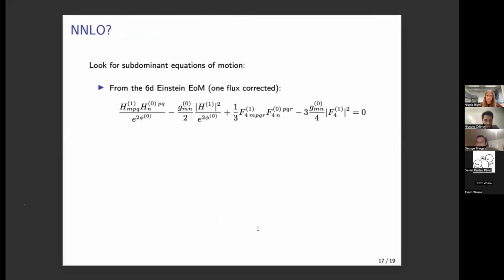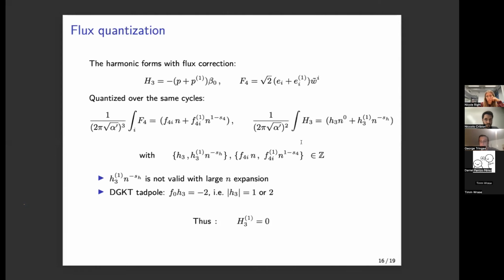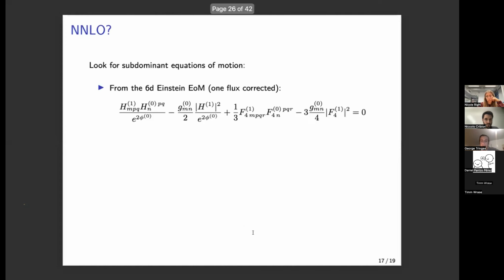But as I told you before, we were not able to see F41 and H31 in the next-to-leading order equations. We can push it a bit further and consider next-to-leading order equations of motion. What we see is the following: in this equation, for example, there are no other terms involved. There are no derivatives on warp factors, and no derivatives on the dilaton. They're just fluxes. And as we argued before with the quantization of H3, the correction to H3 is 0.